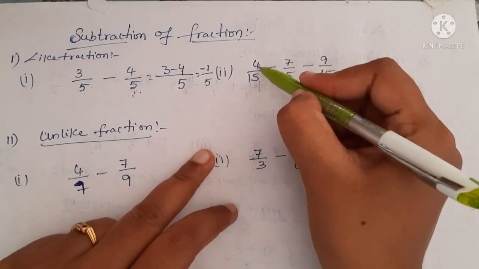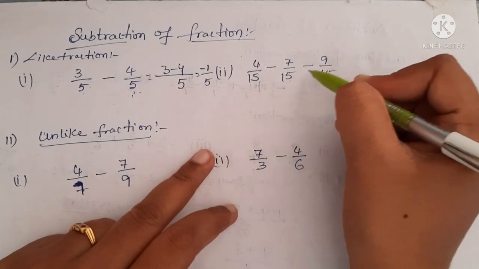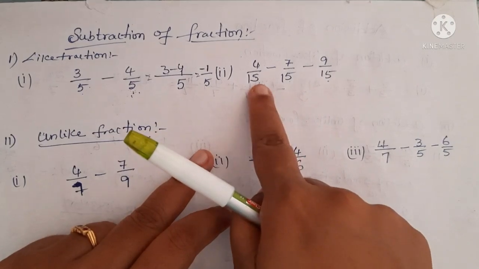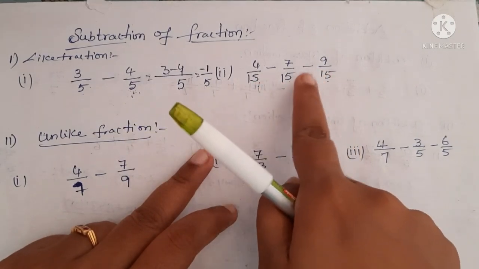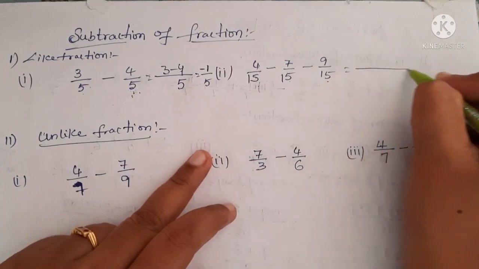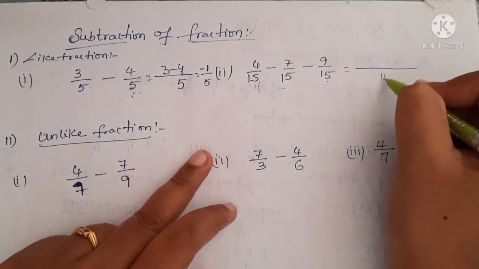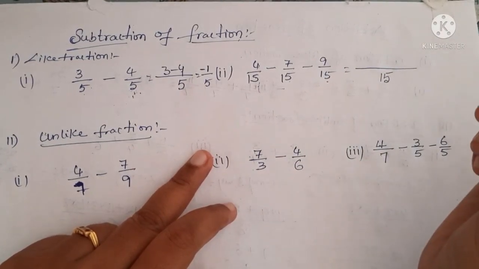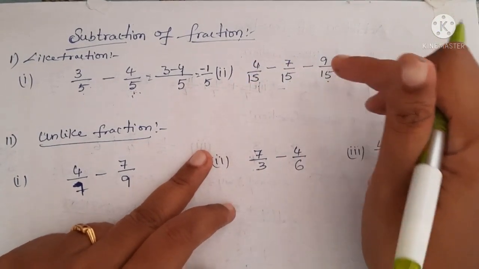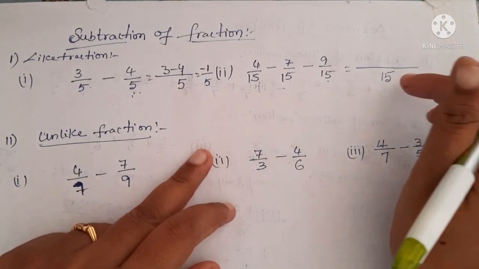And next example, 4 by 15 minus 7 by 15 minus 9 by 15. First you have to check out in denominator place we have same numbers. So these fractions are called like fractions. How can we do it? See here, right here 15 as it is, because we have same denominator, so the denominator will remain the same.